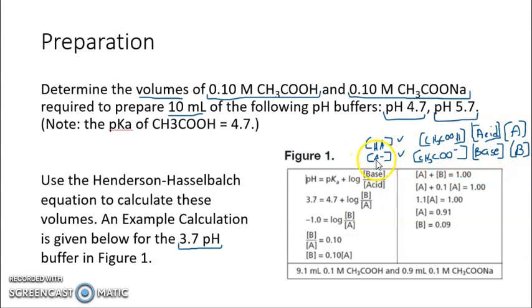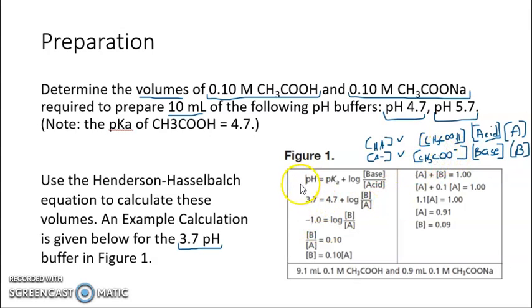This is a generic placeholder. This is a generic placeholder. This is a generic placeholder. This is the specific conjugate base that we're using with acetic acid and sodium acetate. So again, generic expressions, basically a variable, and then this is where the variable is given a more specific name.